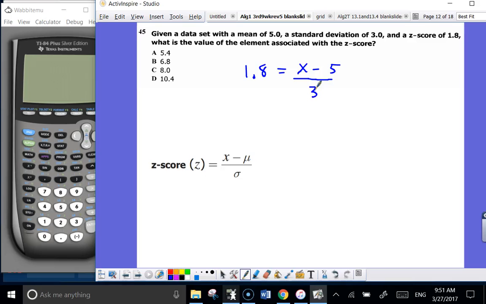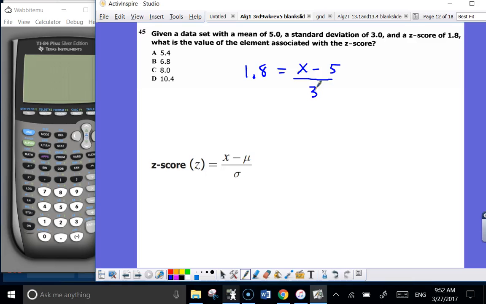Now, if it's hard to solve, another thing you can do is just plug in 5.4 here: 5.4 minus 5 divided by 3. Does that equal 1.8? No, it doesn't. But you could just go through the list until you find the one that works.